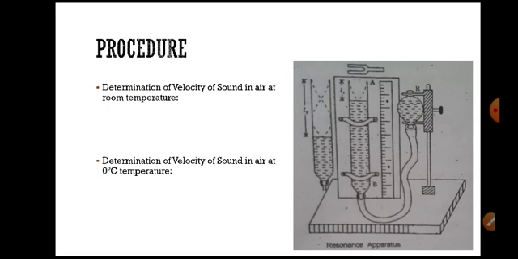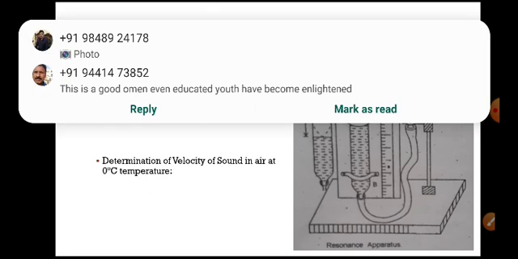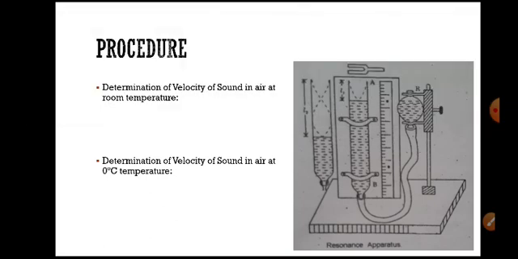The reservoir is slowly lowered until a large booming sound is heard. Whatever sound you heard by simply listening to the vibrating tuning fork, that type of sound you can hear loudly. So the reservoir is fixed at that position.